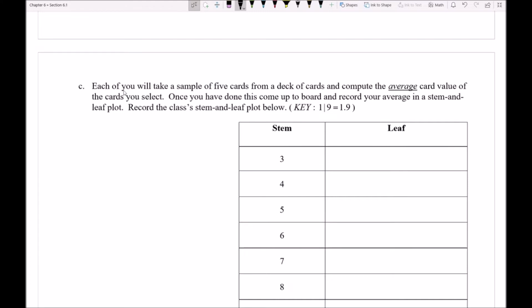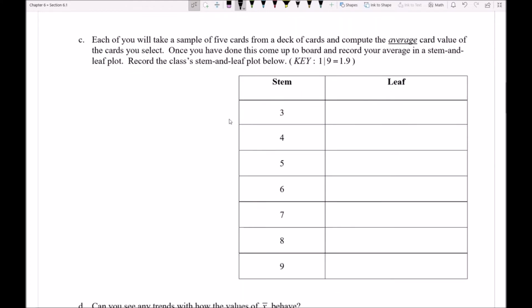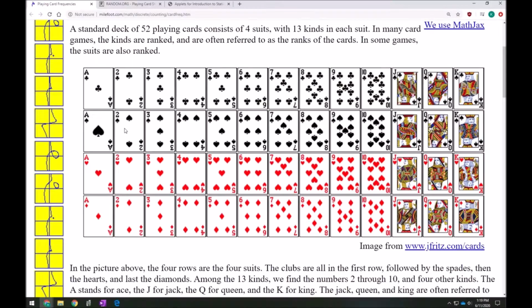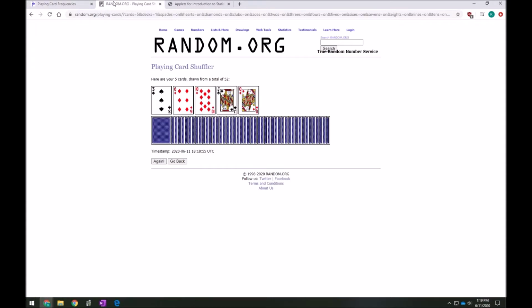And once we've done this, I'm going to record the results in this stem and leaf plot over at the right. So let's take a look at another online simulator that can allow us to simulate taking cards out of a deck. So you can see here, I'm back to my deck of cards, but I'm going to move over to this next tab.